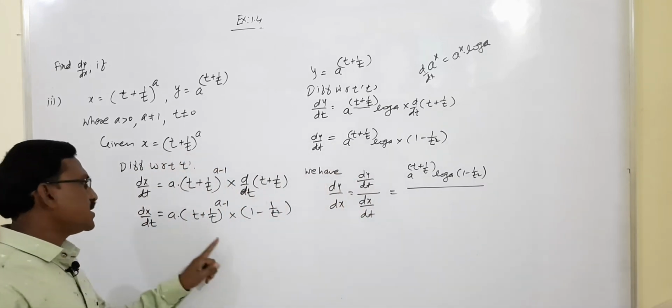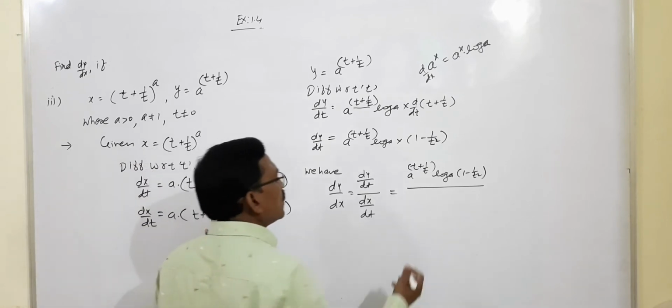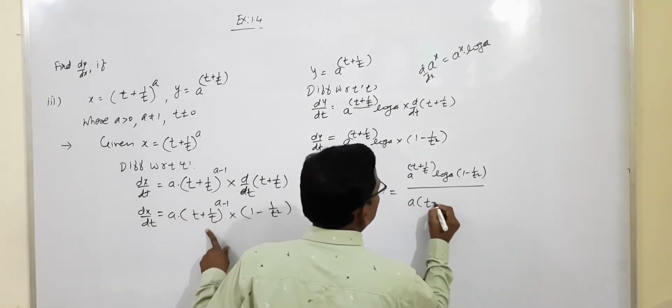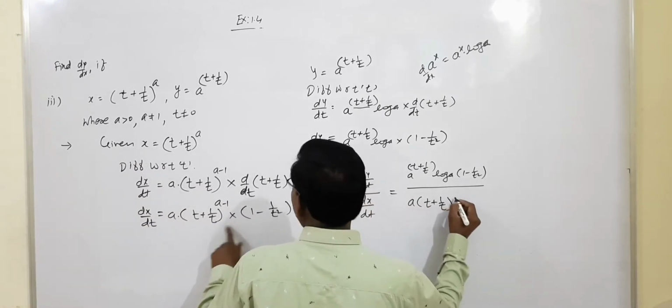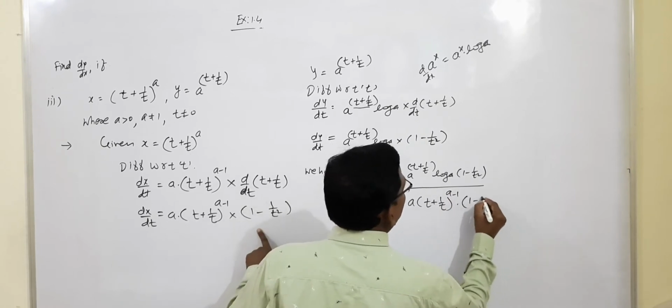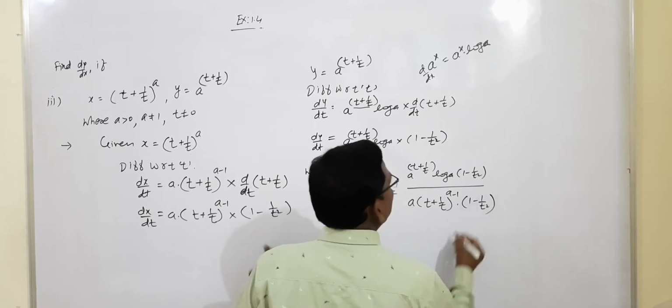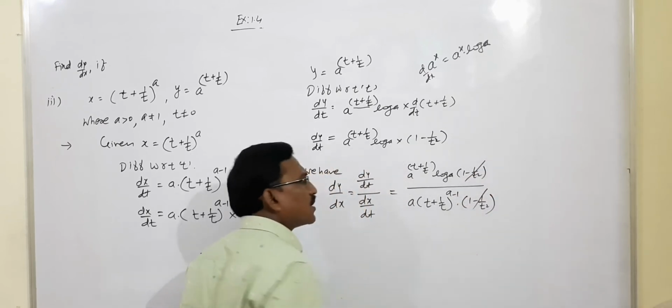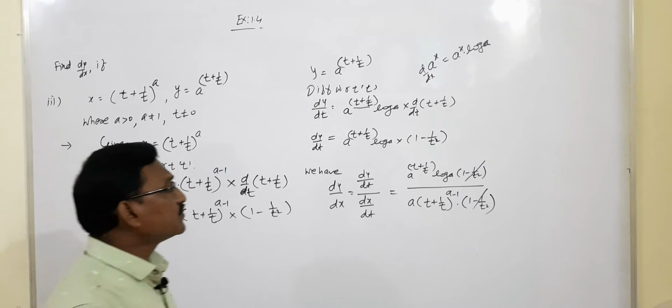The derivative of x with respect to t is a into t plus 1 by t to the power a minus 1 into 1 minus 1 by t square. This 1 minus 1 by t square will get cancelled.